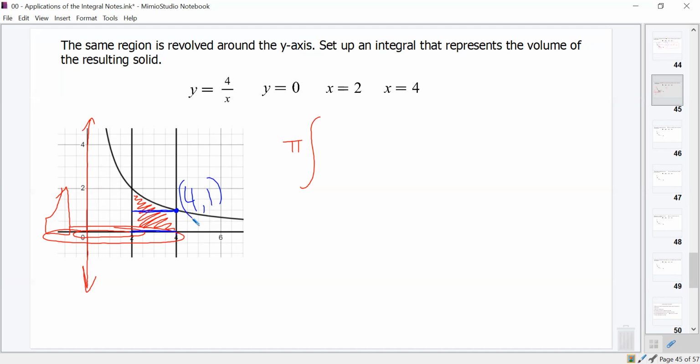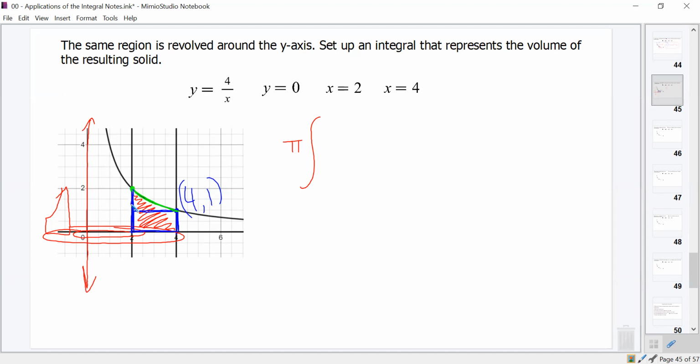The right bound of our region is the line x equals 4, and the left bound is the line x equals 2. But from y equals 1 up to y equals 2, the right bound of our region is the function, whereas the left bound of our region is still that line x equals 2.